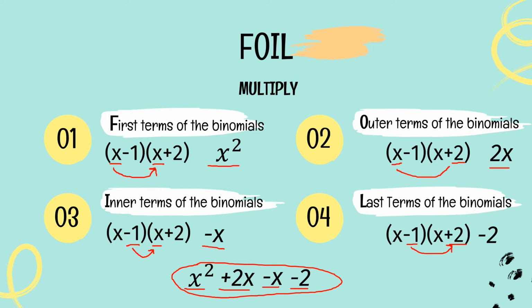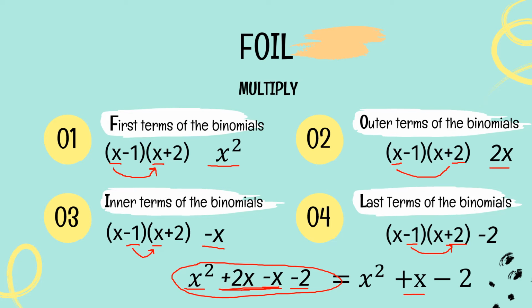Notice here that we have like terms. Like terms are terms that have the same variables and the same exponents. Here, our like terms are 2x and negative x. If we subtract them, positive 2x minus x is simply positive x.